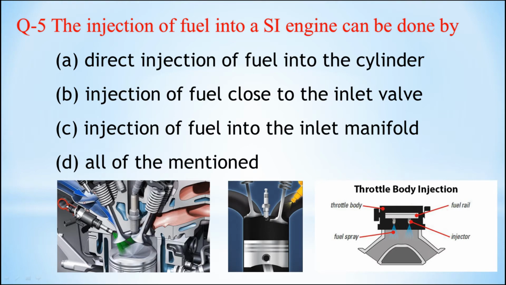Here you can see that the fuel is directly injected into the cylinder. We also use a port injection system, where the fuel is injected close to the inlet valve, and in throttle injection the fuel is injected into the inlet manifold. So options A, B and C are all right, and the correct option is option D, all of the mentioned.